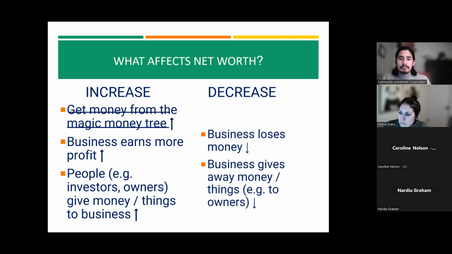And you would decrease your net worth if you give money or something away. For many of you running a small business, such as an LLC, you're not really taking a paycheck, but you're taking a draw. And so when you pull money out of your business, it reflects on the balance sheet, and it does lower your overall equity.